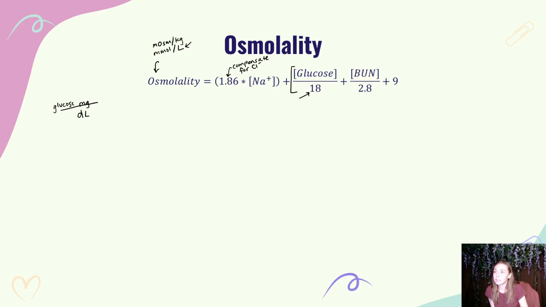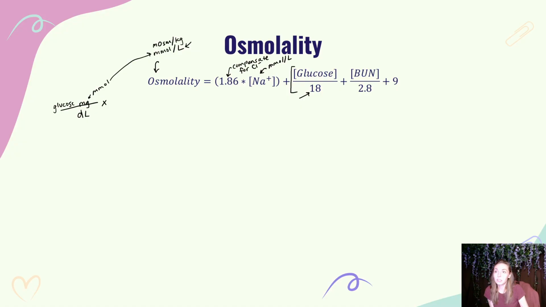So, milligrams per deciliter. If you remember from general chemistry, I now need to convert my milligrams to millimoles, because I need to get it to that format. By the way, we measure sodium in millimoles per liter, which is why it doesn't need to get converted in the same way that BUN and glucose do.